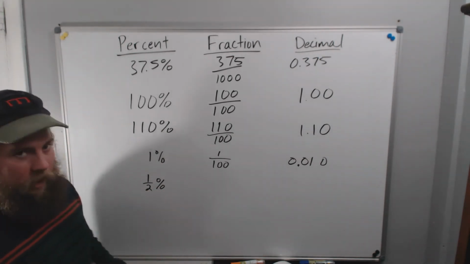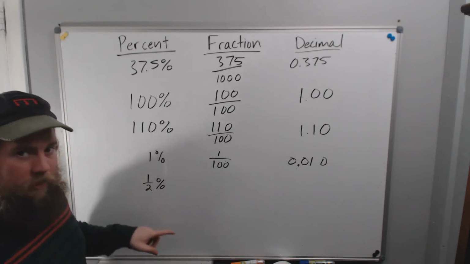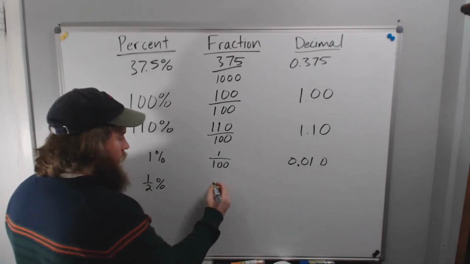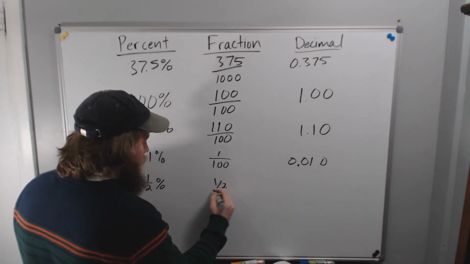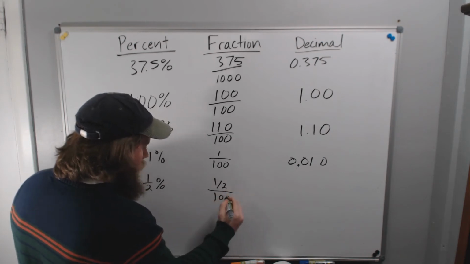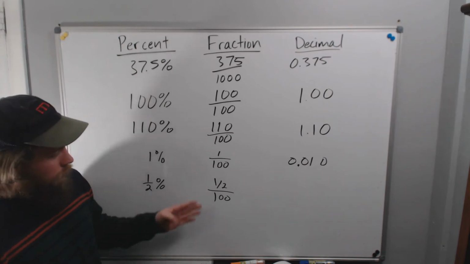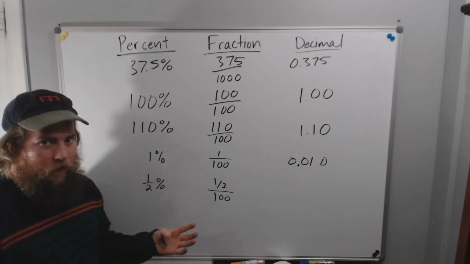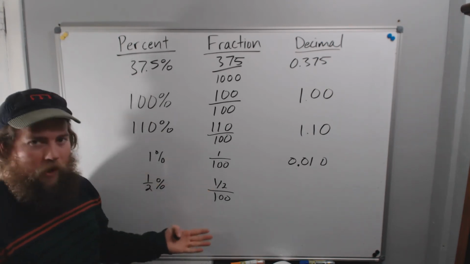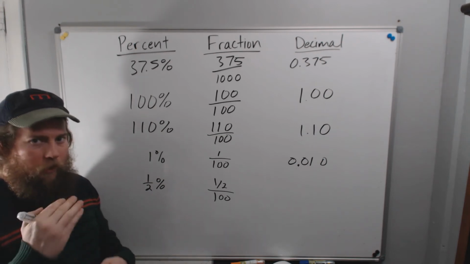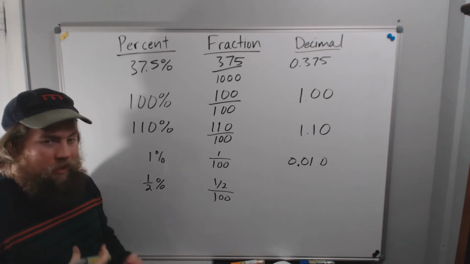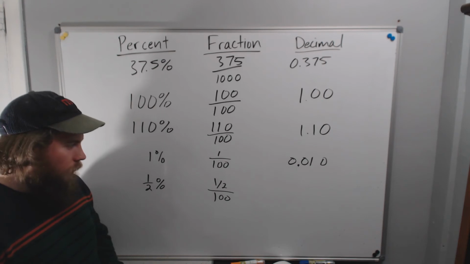Remember, percent means out of 100, so whatever is in front of the percent sign, we need to take that out of 100. So we have 1/2 out of 100. This is what is called a complex fraction, where either the numerator or the denominator of a fraction is itself a fraction.